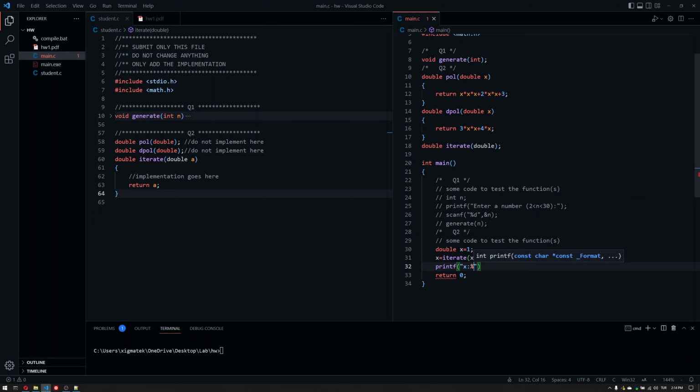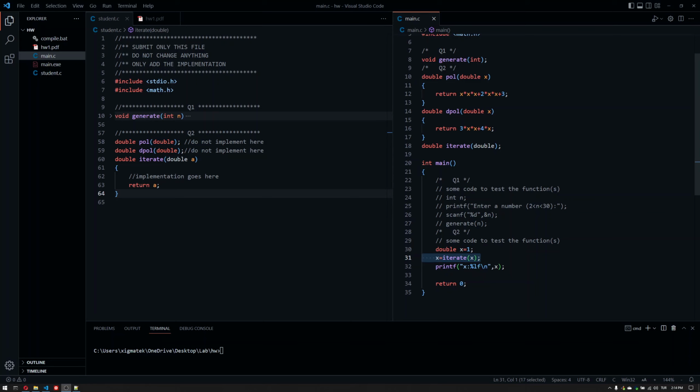Let's have %lf because it's a double value. Let's add a new line and then x. So this is basically the usage. We are just going to call iterate once, and we will hope that it'll do the job. So we defined a variable, we called our iterate function, we implemented our polynomial and derivative of the polynomial, and we printf the result that we have. We are going to give it a 0, but I just randomly put in 1. It's not really that big of a deal.